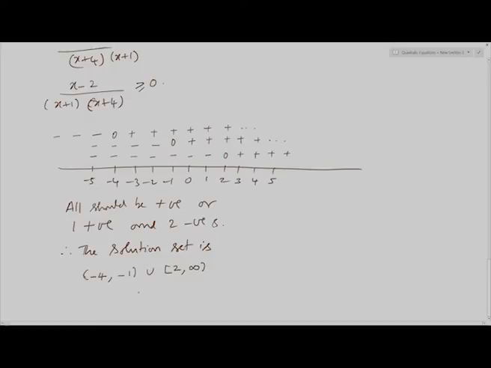So the complete solution set is the open interval (-4, -1) union [2, infinity). This is the complete solution of the given inequality.